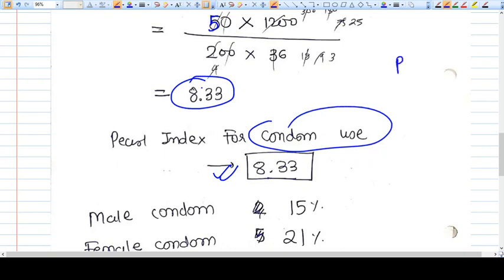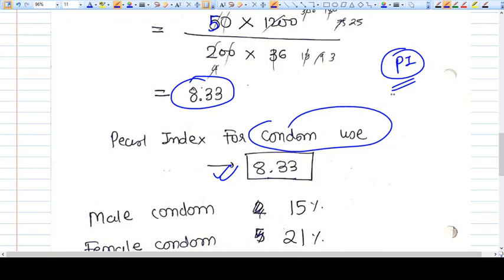Now Pearl index also depends on how effectively the couple is using that method. The Pearl index is not independent of the method of use.